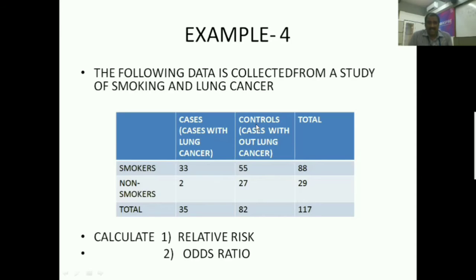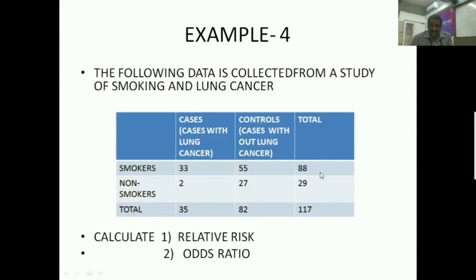So this data is collected on smoking and lung cancer. The cases are with lung cancer and the controls are without lung cancer. Here smokers and non-smokers, and the values are 33, 55, 2 and 27. These are the totals. Row-wise totals are given and column-wise totals are given.